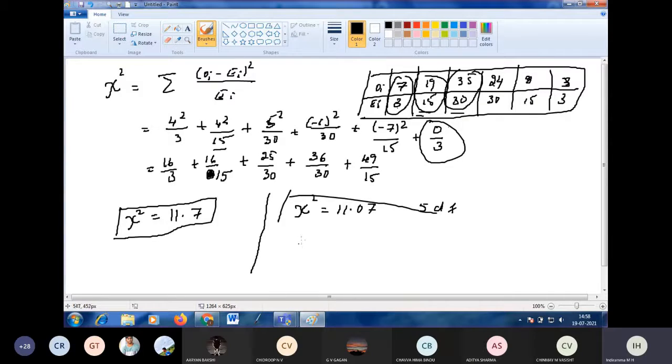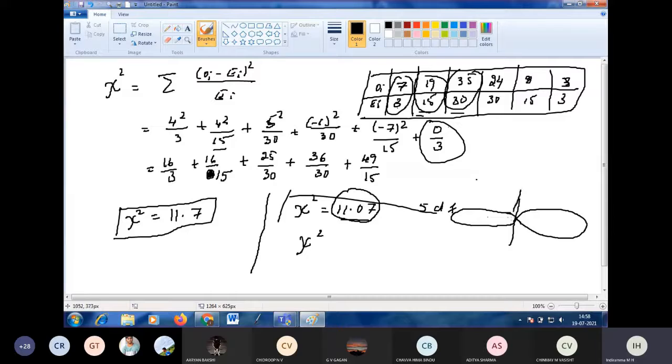So if the value we got is greater than 11.07, suppose you take this as an error, that is a fixed value. If the error is less, our assumption is accepted, right? If the error is more, our assumption is rejected.